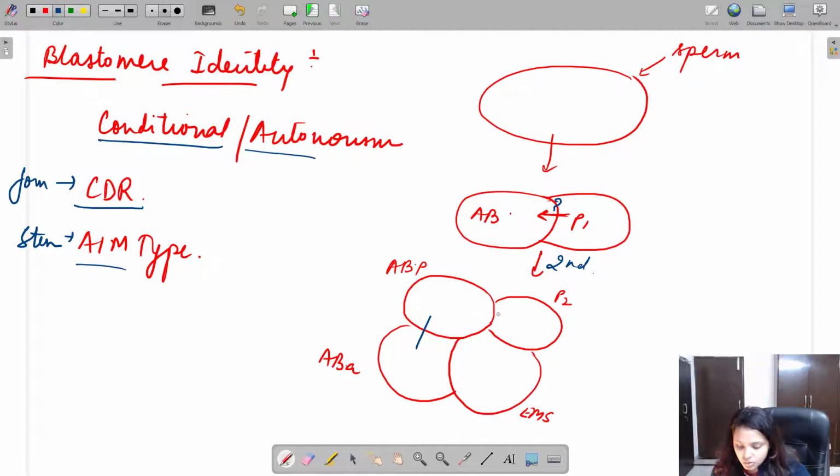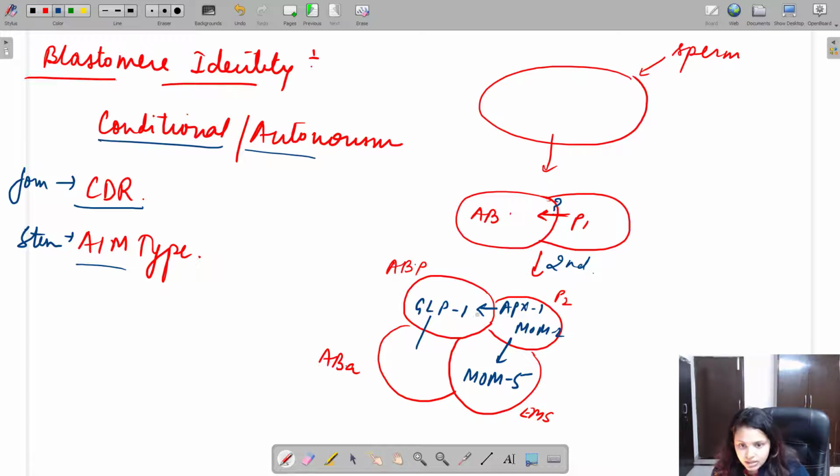Okay, so what happened in this P2? P2 expresses particular proteins, APX1 and MOM2. MOM2 triggers the EMS cell to express another protein, MOM5, right? And APX1 triggers the ABP cells to express GLP-1 protein.